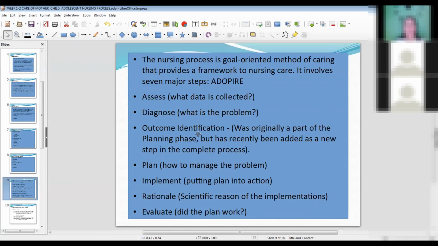Let's say after 30 minutes of nursing interventions, the pain of the patient will be minimized from 9 to 7. So that is how we formulate yung planning. So again, follow the SMART format: S specific, M measurable, A attainable, R realistic, and T time bounded. Okay, so clear?